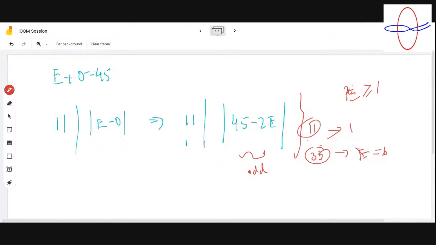And here E must be equal to 17. You understand this part, guys?